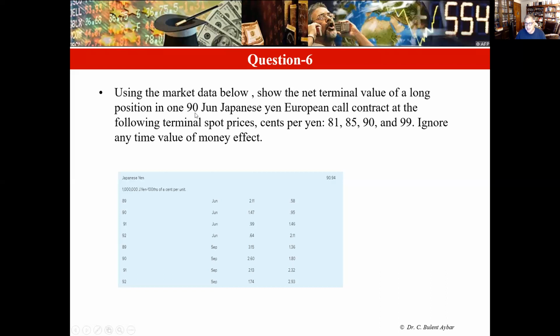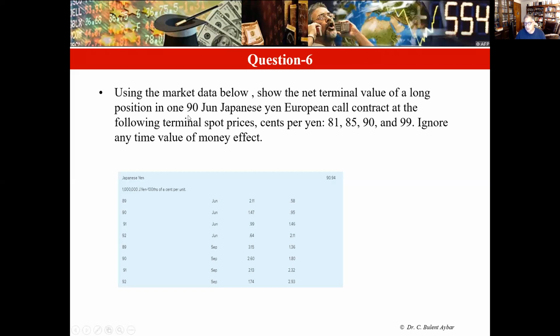So essentially 90 is the exercise price in dollar form, but that does not mean $90, that does not mean 90 cents, but it means $0.0090, or you could think of this as 90 cents per 100 Japanese yen.